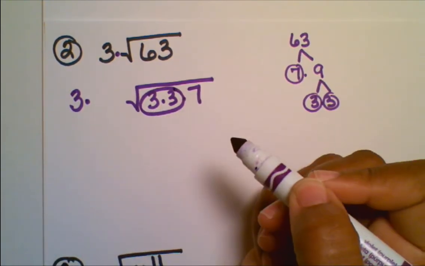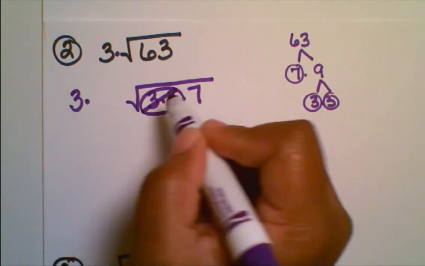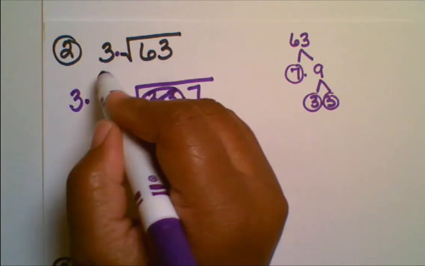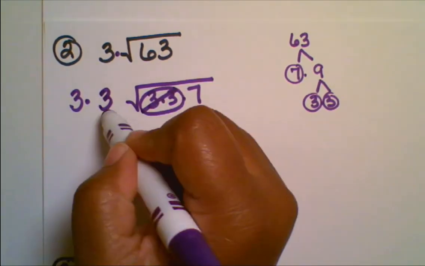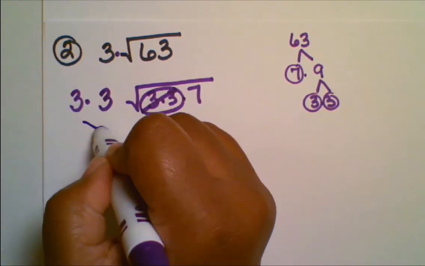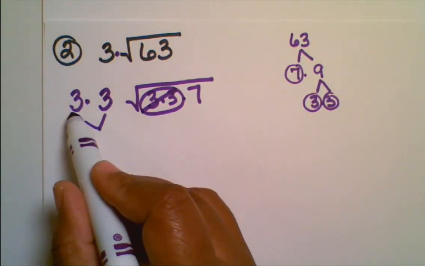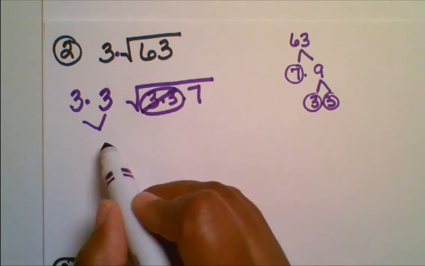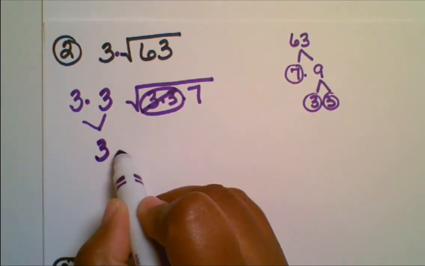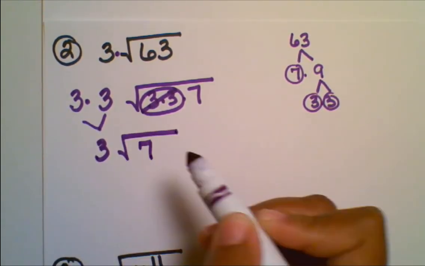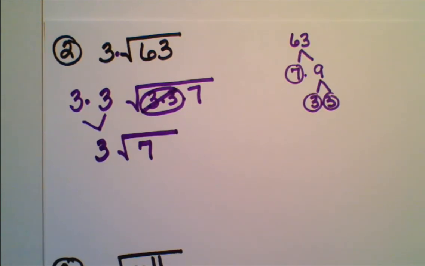I see a pair of 3s, and we're going to bring that from under the radical to the outside. As we bring it to the outside, we multiply that 3 by the 3 that was originally there. So we have 3 times 3, which is 9, and then the square root of 7. And that is our answer.